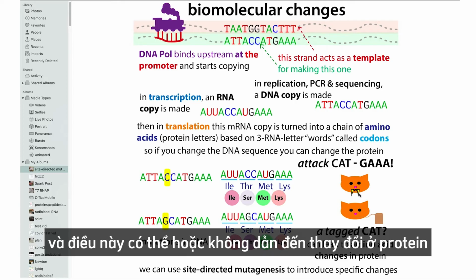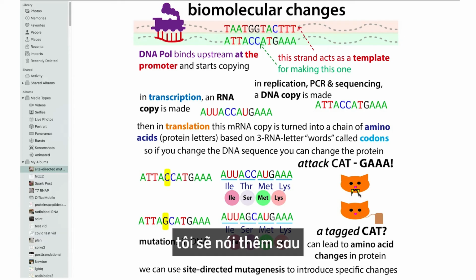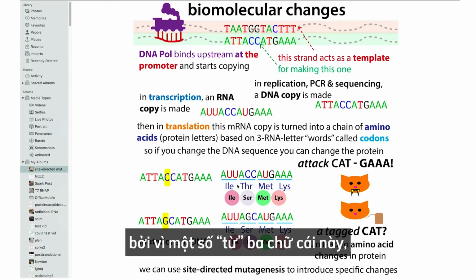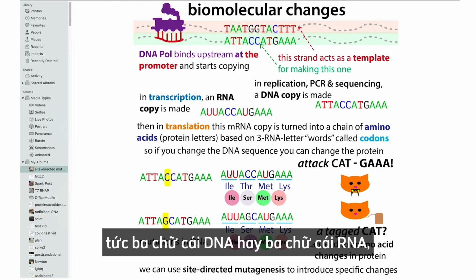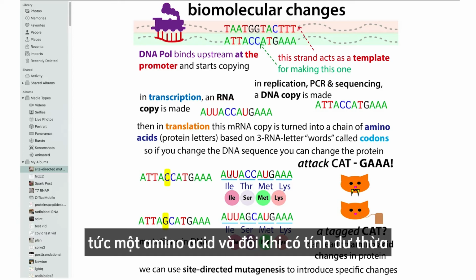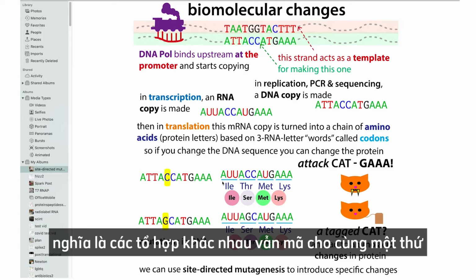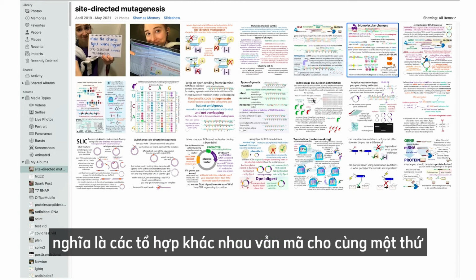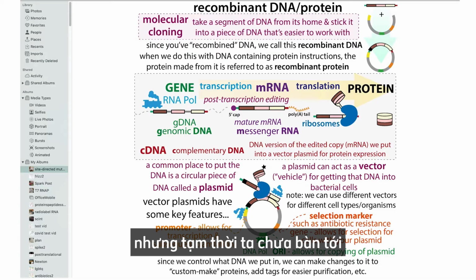This may or may not lead to changes in the protein, as I'll talk about later, because some of these 3-letter words, the 3 DNA or RNA letters, spell a single protein letter, an amino acid, and sometimes there's redundancy, so the same combination can spell the same thing, but we won't worry about that now.